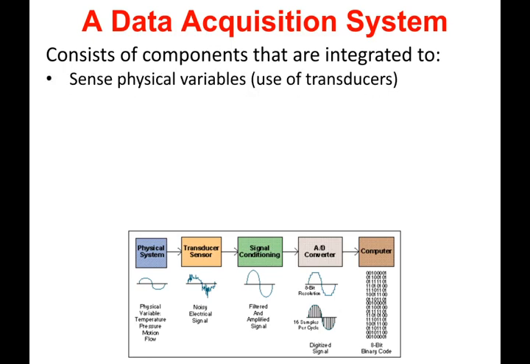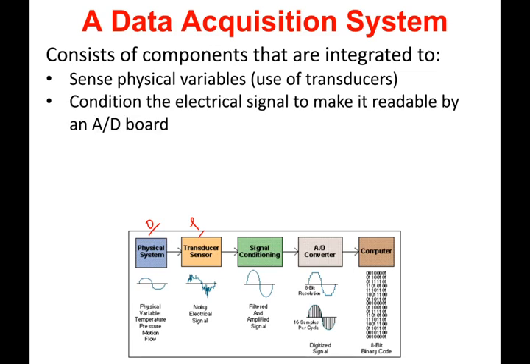We have the physical system that is giving you the data, right? Then you have a transducer sensor that senses your physical variables. So let's call this number 0. Then you have number 1, transducer section that senses your physical variables.